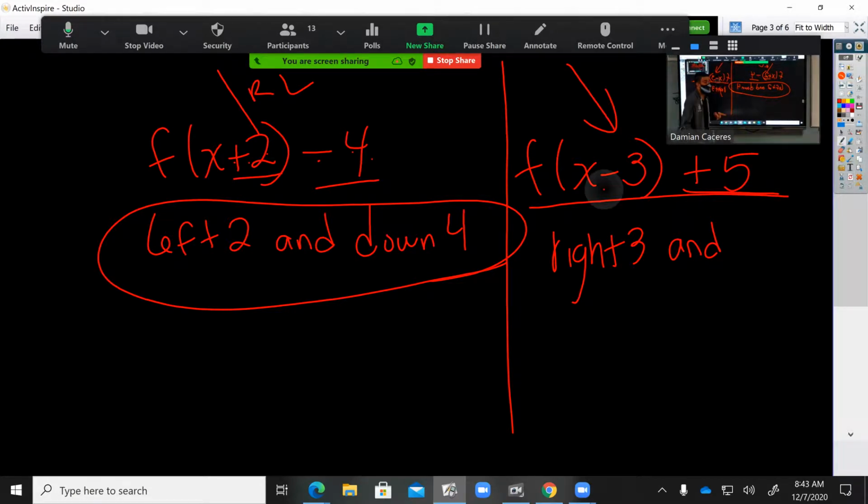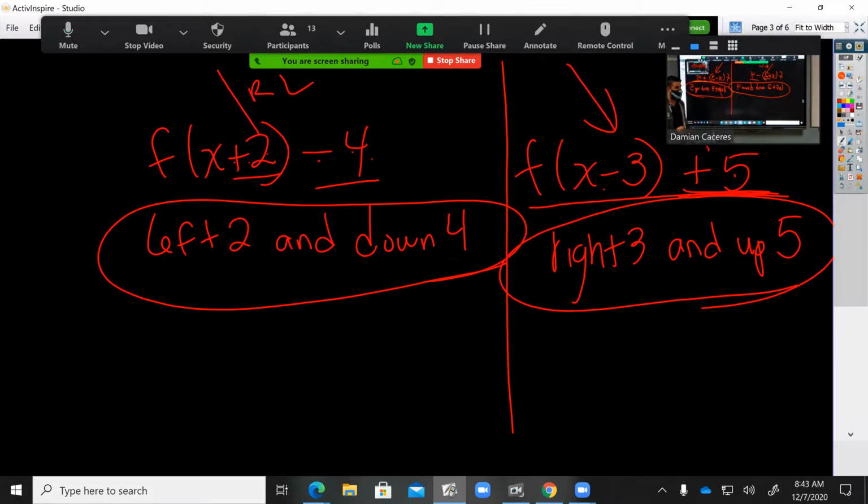If it's in the parentheses, it's right or left. If it's not, it's up or down. So what is that? You know this one has to be up or down. Up 5. Very good. That's it. So far, so good?